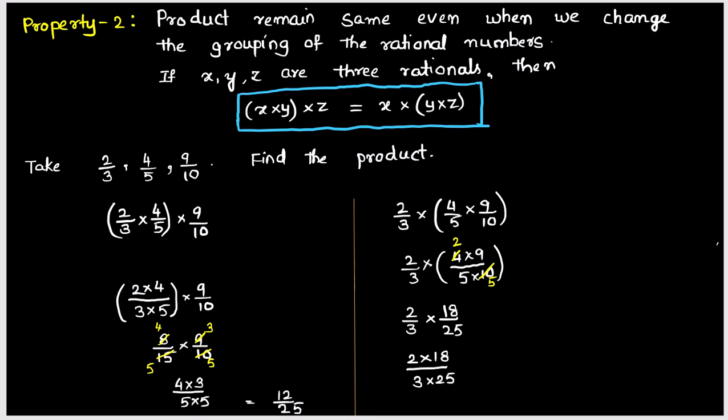Here 3 and 18 are divisible by 3 itself. 3 is the HCF, so we can divide by 3. 3 ones are 3, 3 6s are 18. Whereas 2 and 25, no choice. So we can multiply 2 into 6 by 1 into 25, that is 12 by 25.